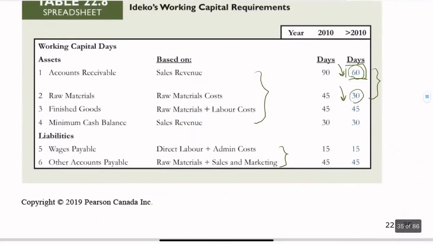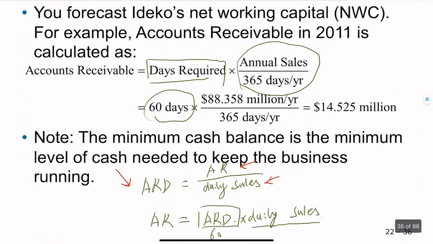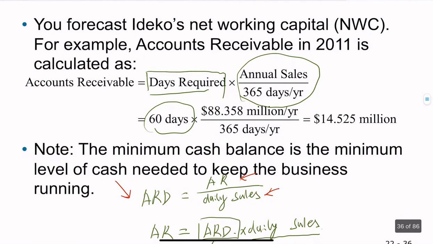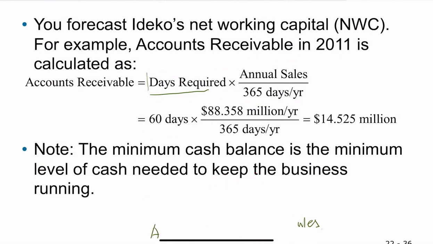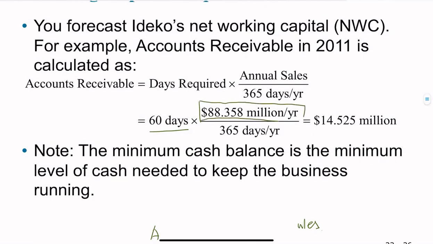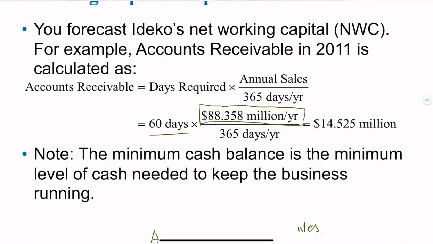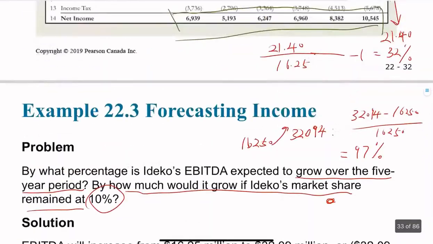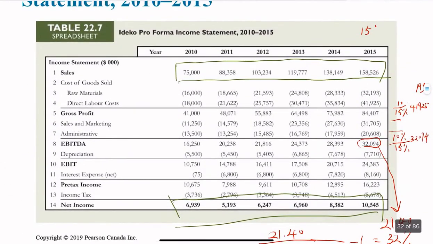So for example, you want to forecast the accounts receivable in 2011. What you're gonna do is you will use 60, right? And you will use the annual sales forecast in 2011. And you can double check the number is $88.358 million, right?